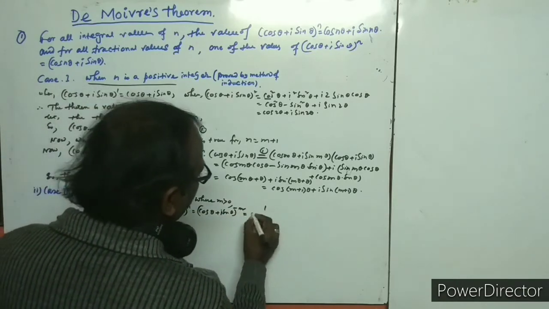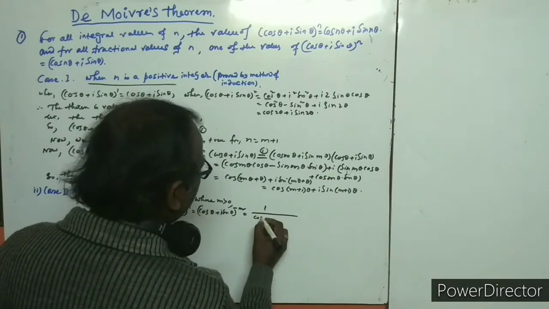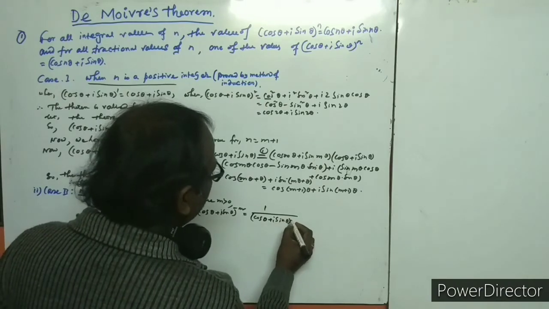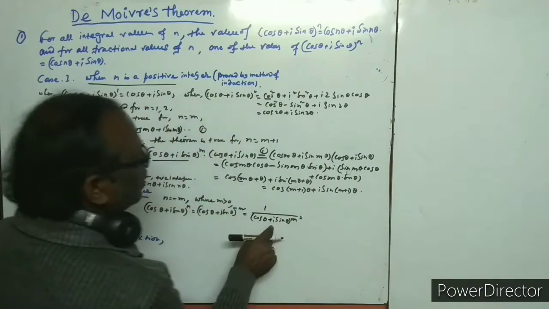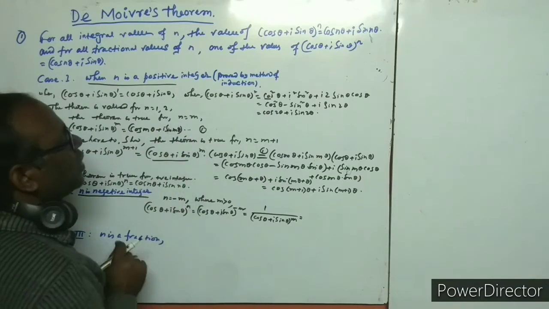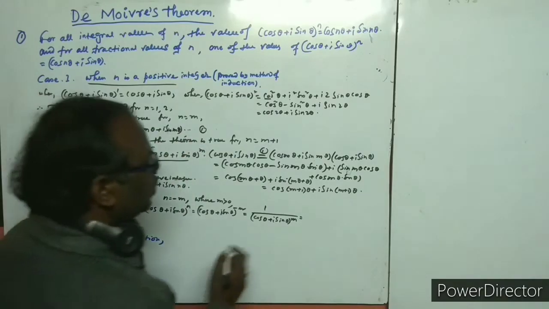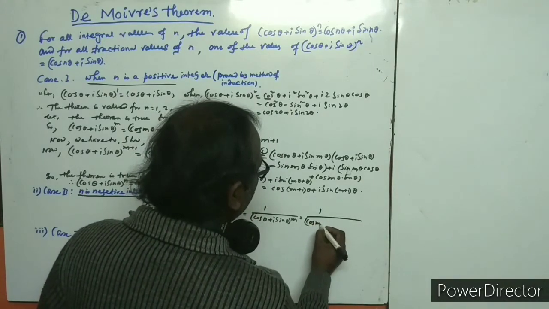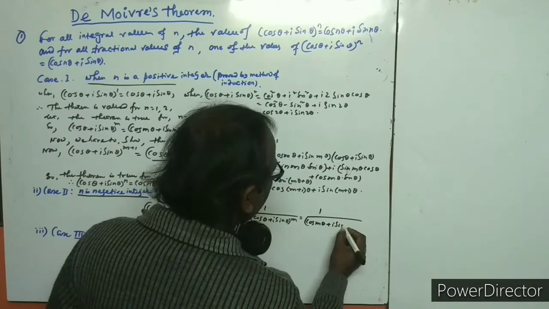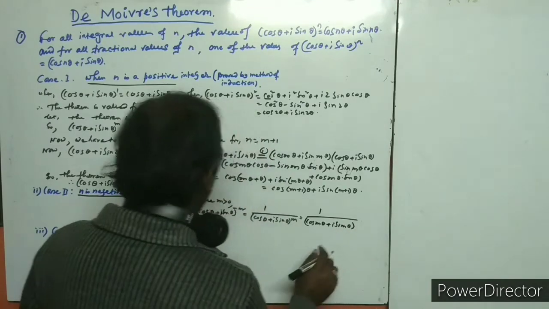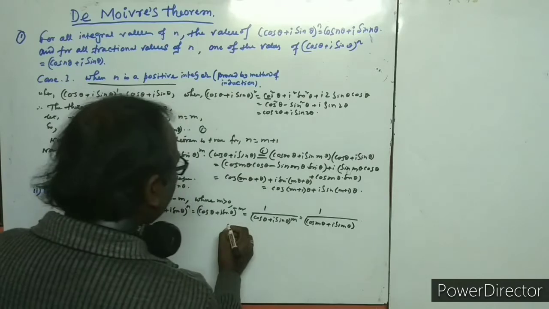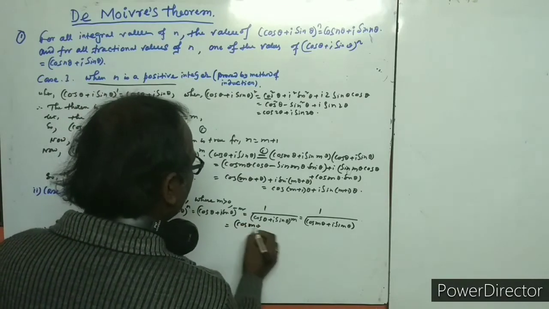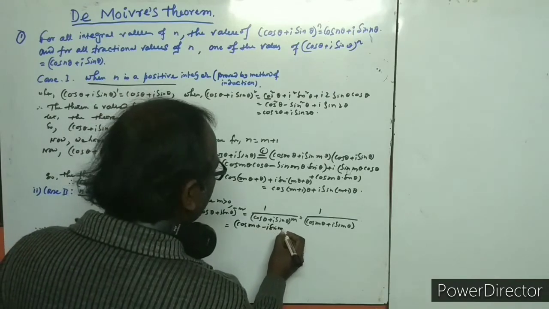This is negative, so we can write it as 1 over (cos theta plus i sin theta) to the power m, and from the previous theorem for positive integers, we can easily write 1 over cos m theta plus i sin m theta. Now simplify, rationalize this factor by cos m theta minus i sin m theta.